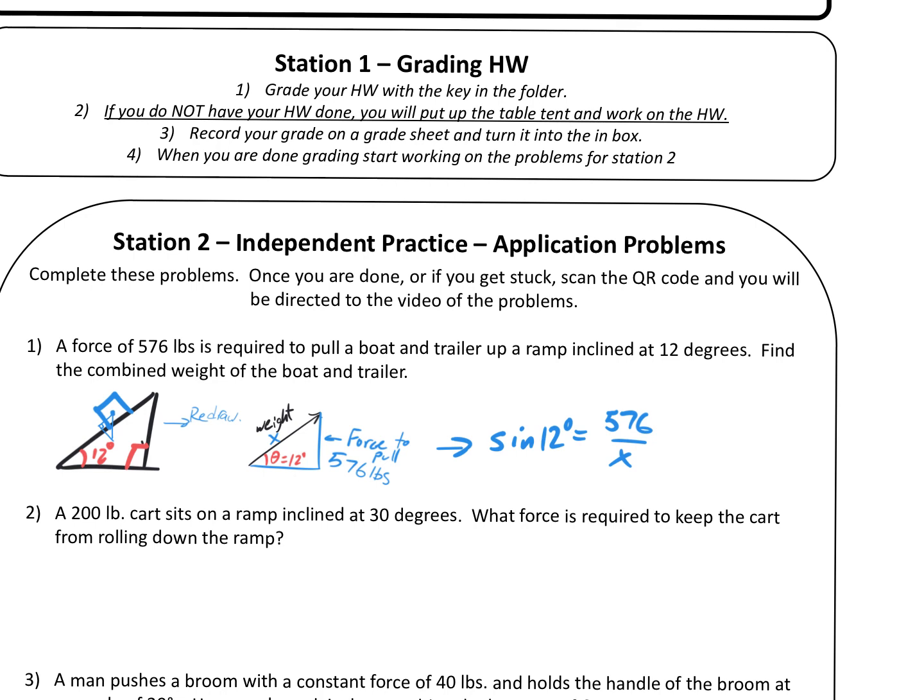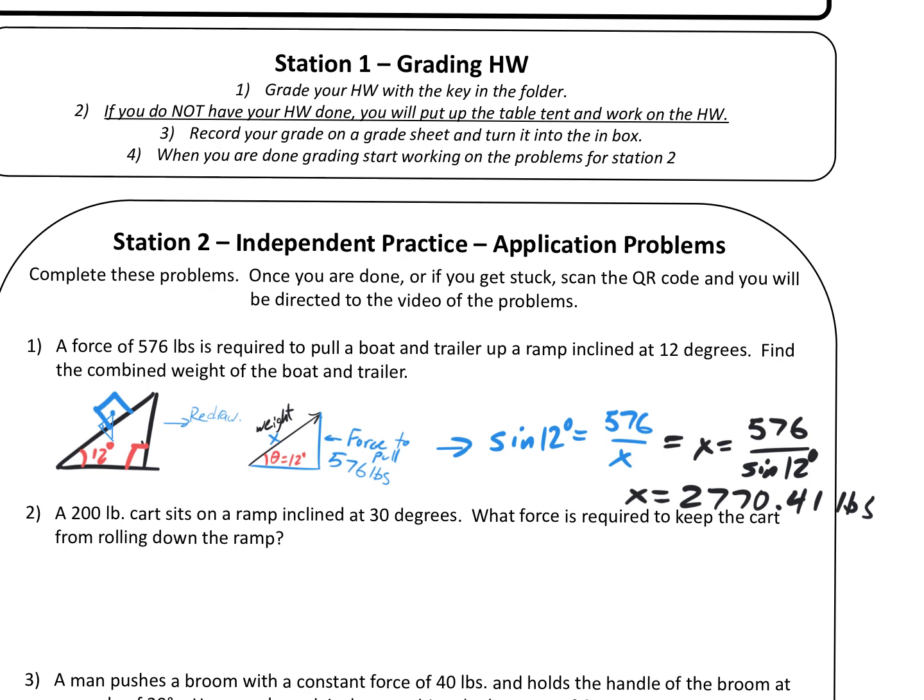If you multiply by x and divide by that sine, you get x equals 576 over sine 12 degrees. It should tell you that x equals 2,770.41 pounds. That will be your solution for this one.